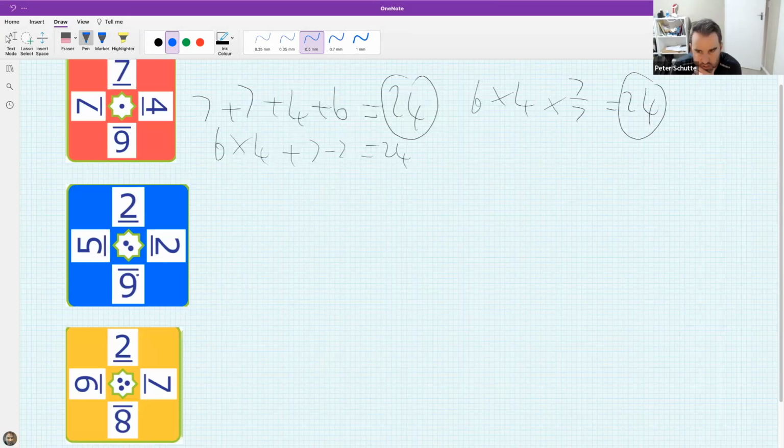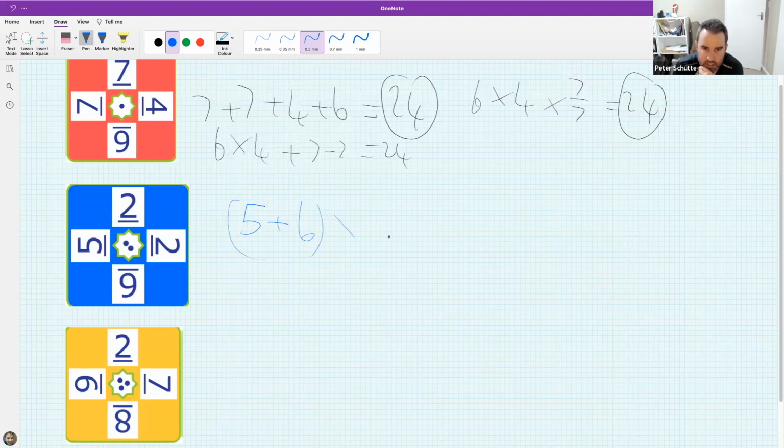This is a 6, in case you're wondering. So, Ndile has said 5 plus 6 is 11. Times 2 is 22, plus 2 is 24.